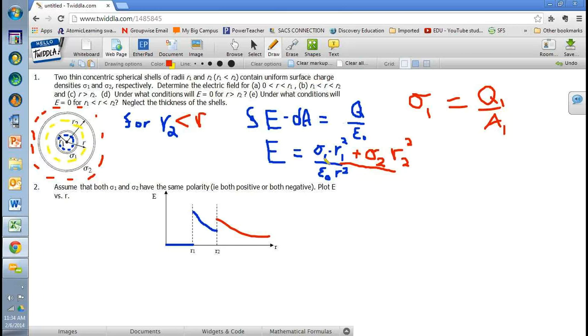So sigma 1 R1 squared is exactly opposite of sigma 2 R2 squared. In that case, what would happen is you would have an E field that would be a flat line again. Any questions?